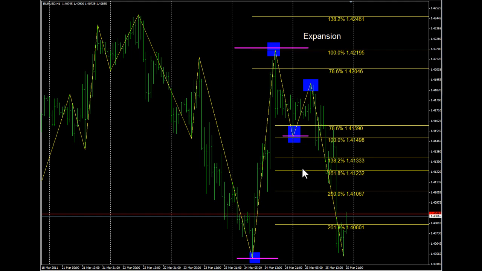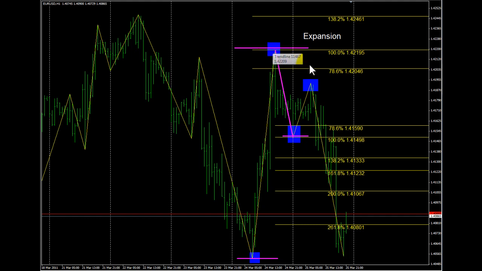So what expansion will try to do is to expand the range of the retracement wave or of the corrective wave, this one right here. Let me mark it. It will try to expand this range outside of the price range of this wave, of the bigger one. So it takes the range of the smaller retracement and tries to expand it beyond the major retracement.